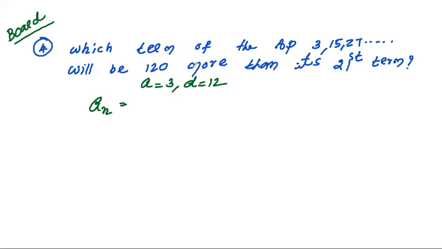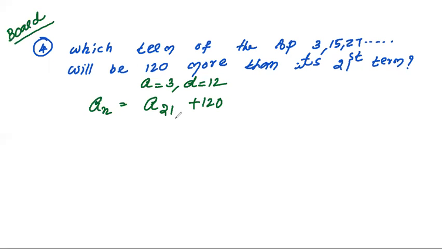It will be 120 more than its 21st term, which means the required term an is 120 more than its 21st term. So I can write the required term an is equal to a21 plus 120. So read the question properly.